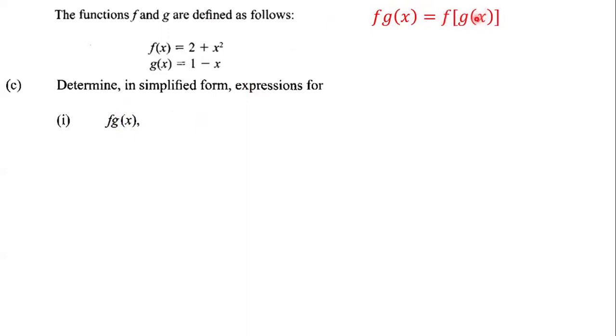So g of x is inside of function f because f is the parent function and g of x is the baby function. If we have f of x, wherever we see x, we're going to put g of x. Now what is g of x? Well, g of x is equal to 1 minus x. So f of g of x is equal to f of 1 minus x.